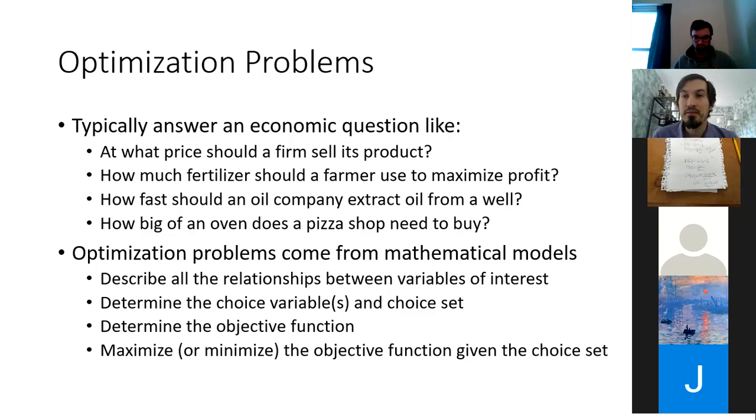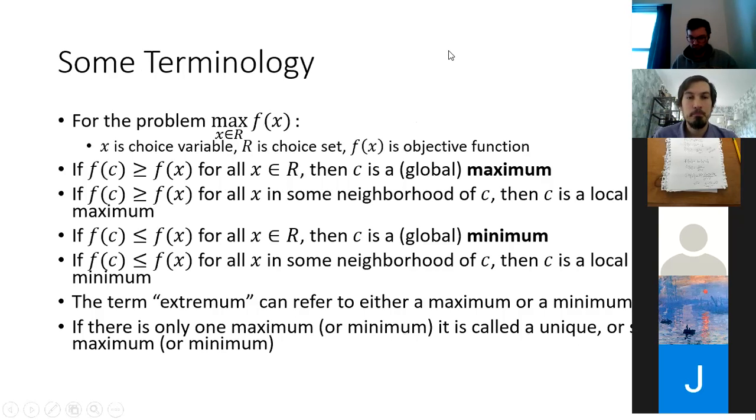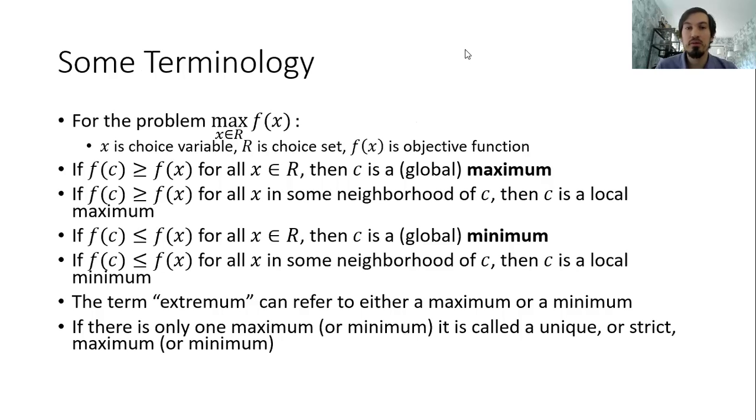Okay, let's talk a little more about these problems. I want you to be familiar with this terminology and this notation. I'm giving you both the terminology and the notation that I like to use in this class. Here's how you will see, in its most general form, a maximization problem.